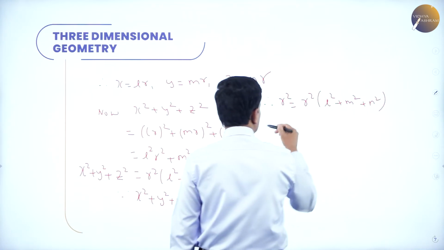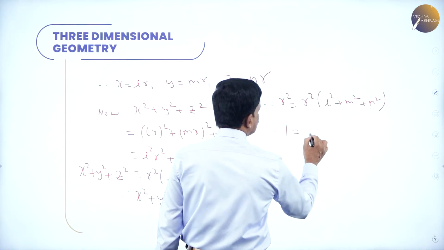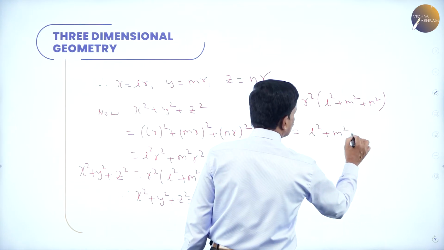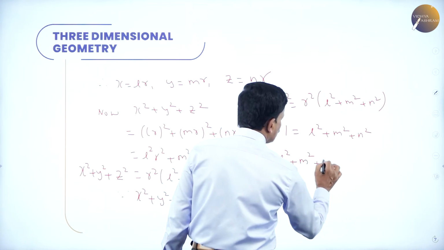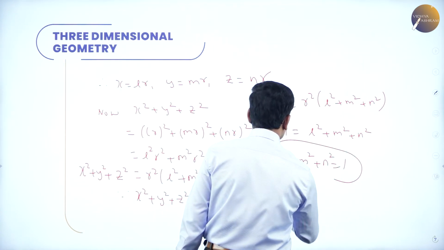Dividing by r square, 1 is equal to l square plus m square plus n square. So l square plus m square plus n square is always equal to 1.